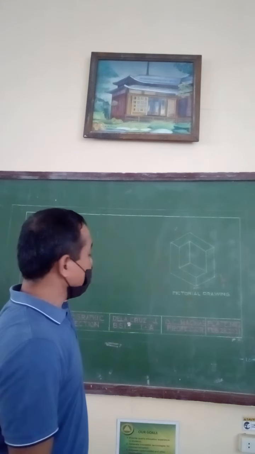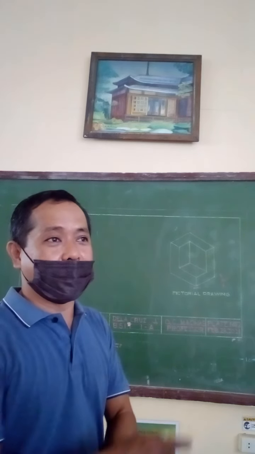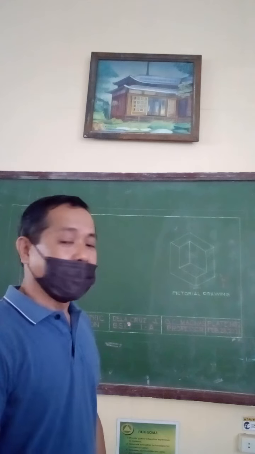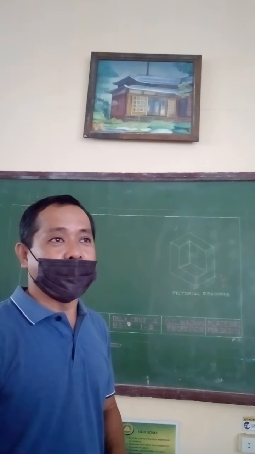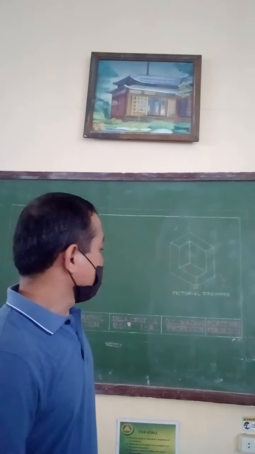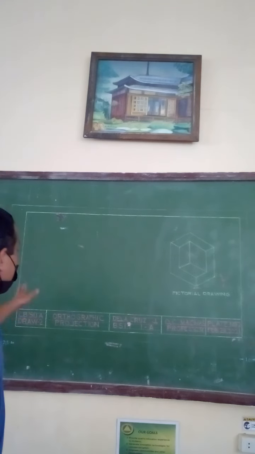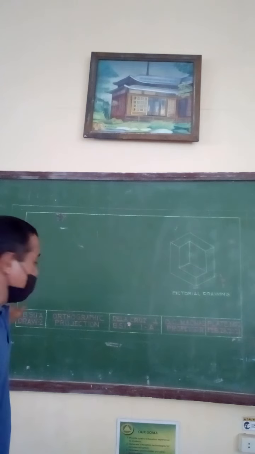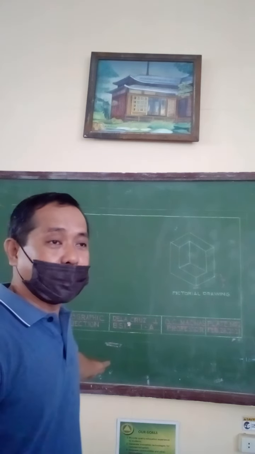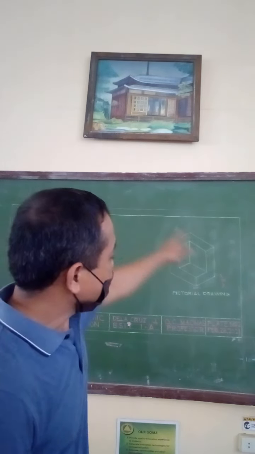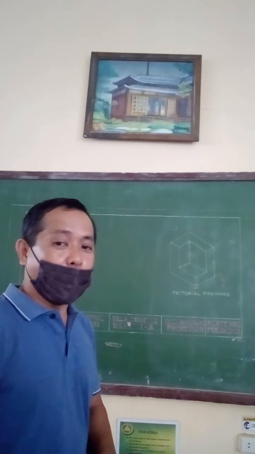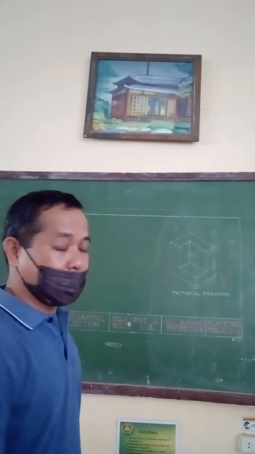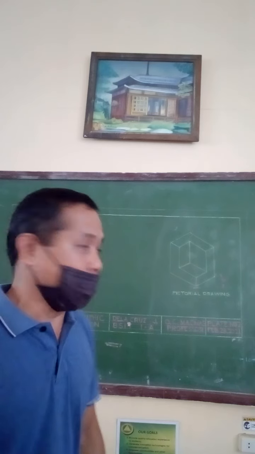Each of these borderlines has different measurements in accordance with the standard templates given in the module. As you see on the borderline on the left, we have a larger one which is considered for binding purposes, and the other one is for the enclosure of the drawing. So we consider that as the purpose of the borderline.